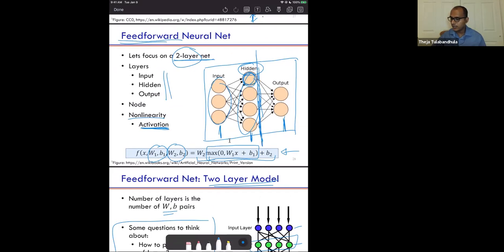Then that four-dimensional vector, the hidden layer output, is multiplied with W2, and then a vector B2, which is 2-dimensional, will be added. And W2 is going to be 2 cross 4 dimensions.